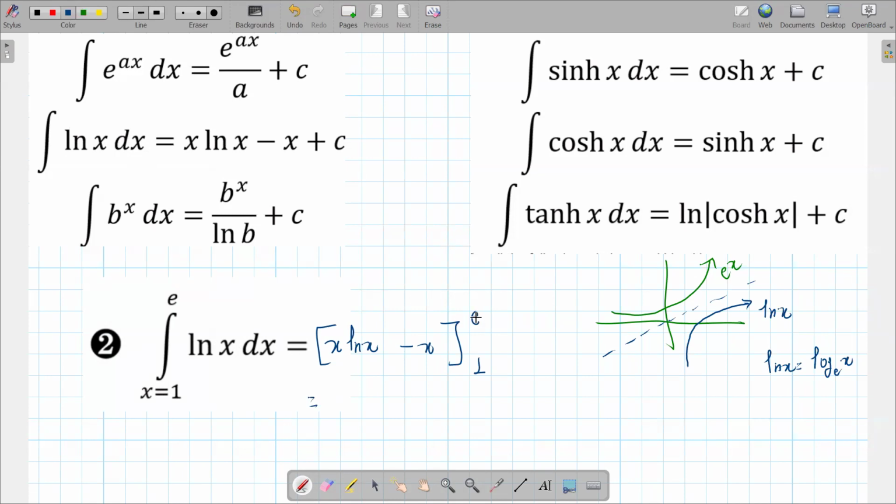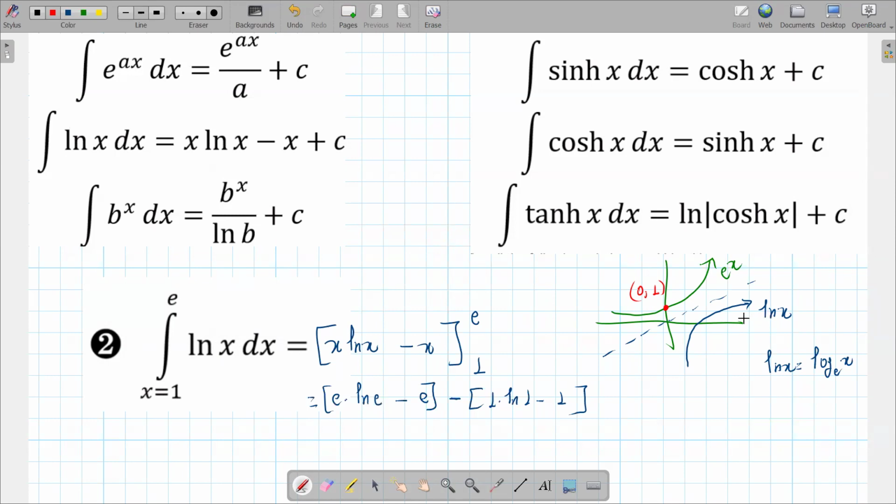So here, put the upper bound in as x: e times ln of e, minus e, minus, you're going to put the 1 in there. So it'll be 1 times ln of 1 minus 1. And this is another core concept here. e to the x goes through the point 0, 1, always intercepts the y-axis at 1.